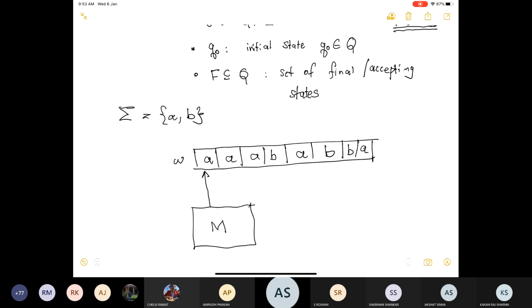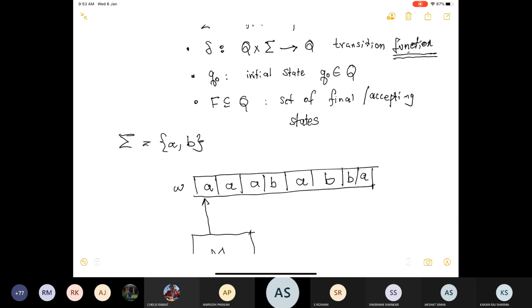Initially, it is in the initial state q0. And when it reads an input letter, it transitions to a new state. The new state is given by this transition function, delta.